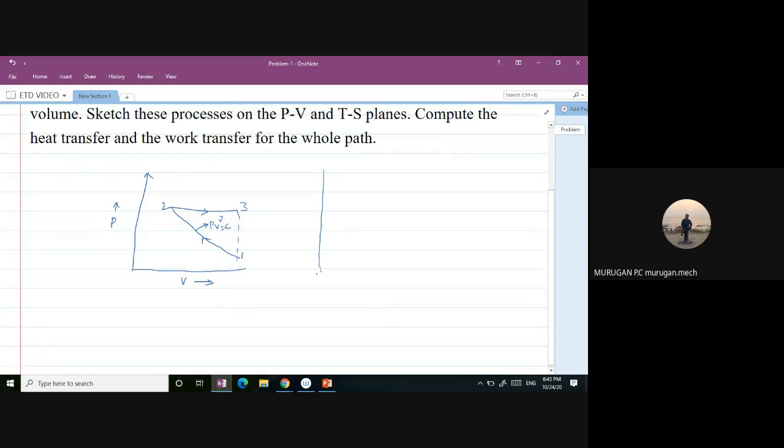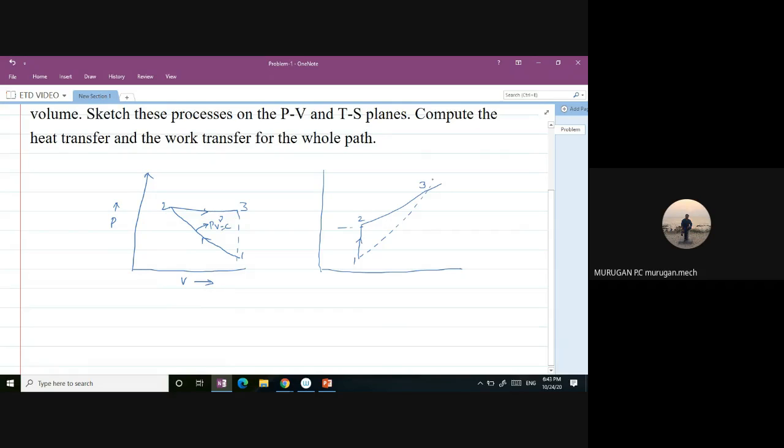Now we have to draw the TS diagram. It is at constant pressure and constant entropy, and see here the process 2 to 3 is expanding. So this is the process on the TS diagram, process 1, 2, 3.